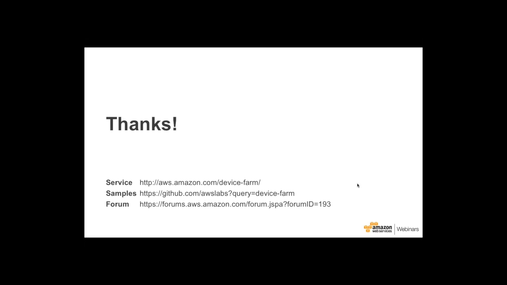And we also publish samples. So we understand that getting started with automation, not just with Device Farm, but just with automated testing itself, can be a somewhat daunting task. So we publish a number of samples, both for iOS and for Android. That includes a sample application, as well as sample automation written in a number of the frameworks that we support.